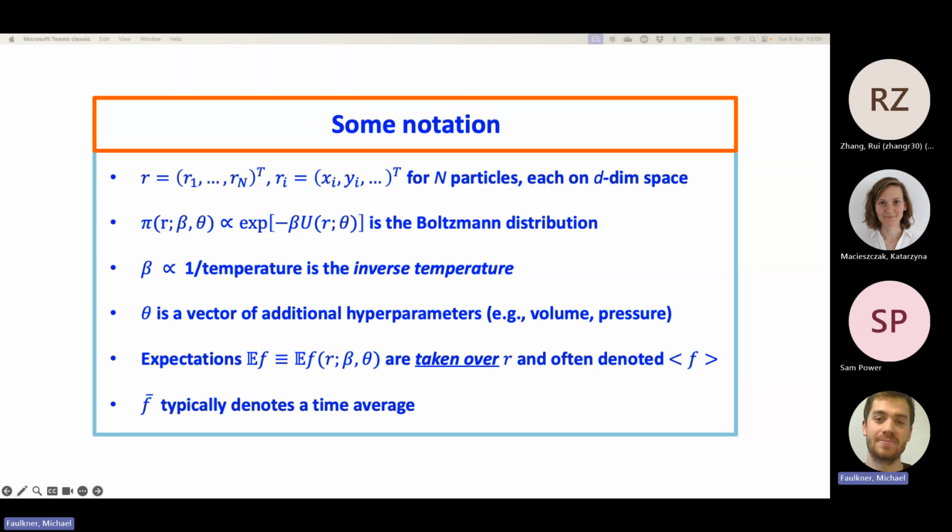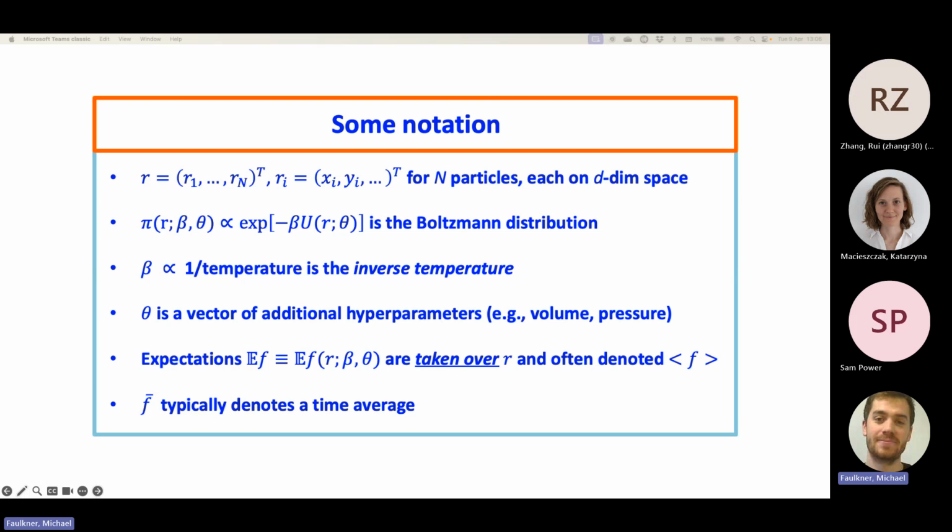Expectations, I'll denote a bit like you do, expectation of f, and this always denotes an expectation over the r, so over the particle positions, but not over the hyperparameters beta and theta, but they might sometimes appear as a function next to it. I don't do this, but you might see this in statistical physics papers.